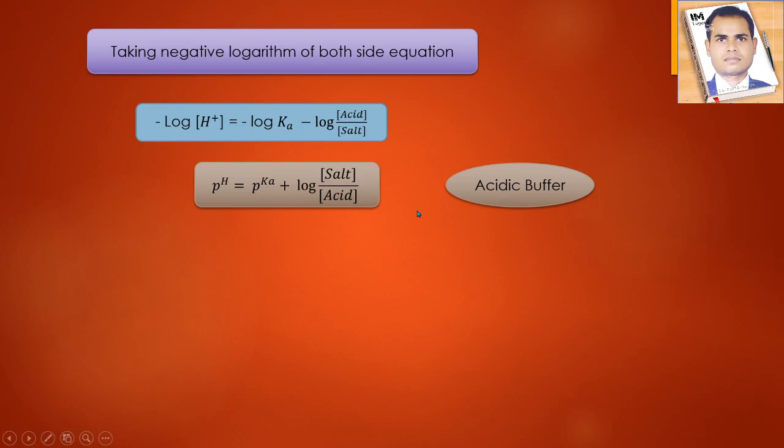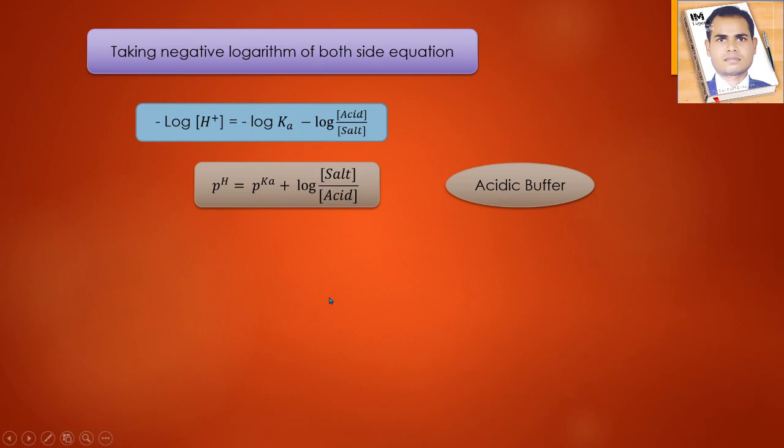This is known as the Henderson-Hasselbalch equation of the acidic buffer, used to calculate the pH of an acidic buffer solution.